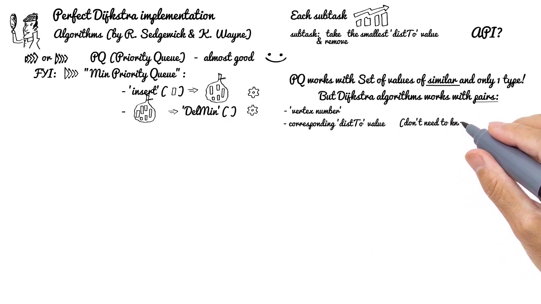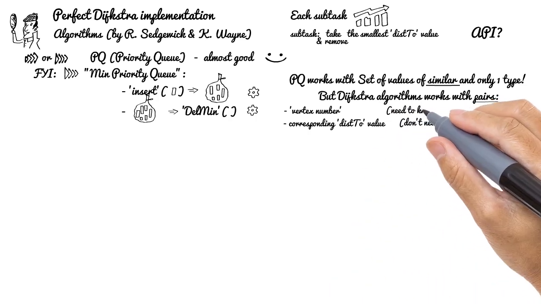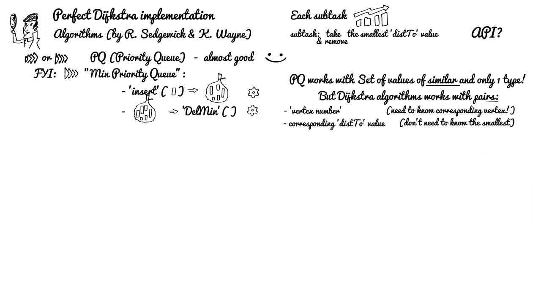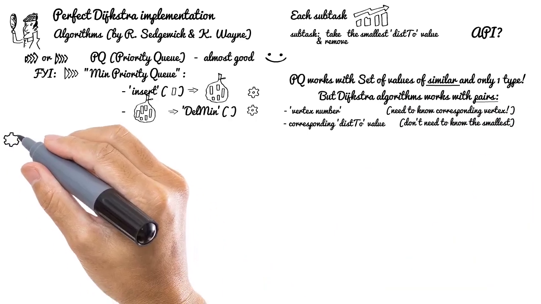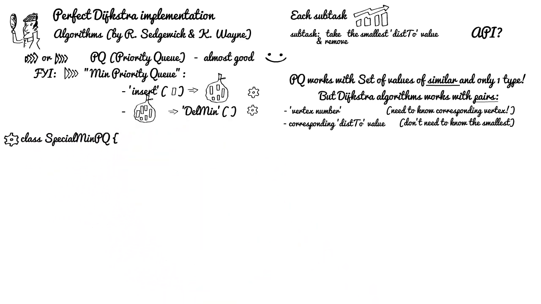We don't need to know just the smallest distance-to value itself, which can be done by the functionality of a standard PQ. Actually, we need to know the corresponding vertex number relevant to the smallest distance-to value. Let me show you the suggested API for a special PQ, in fact a special MinPQ, since we are interested in the smallest value always being available.